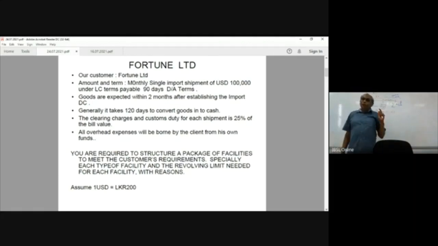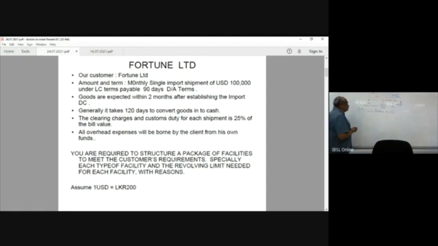Since the lead time is 2 months, we need 2 times of the shipment value as the LC facility. That is the reason we have to give.